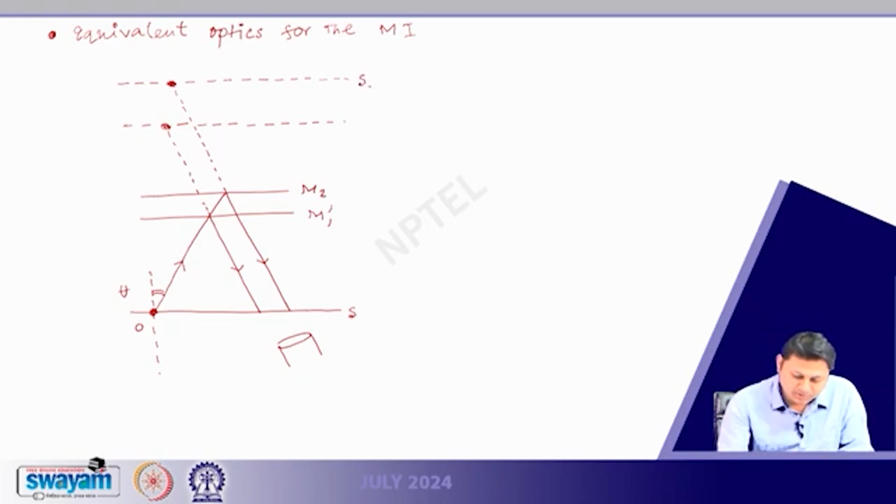So, it should be S2 source and this will be S1 prime. Whatever the plane, whatever the objective we have, from here and here, these are the images of that.